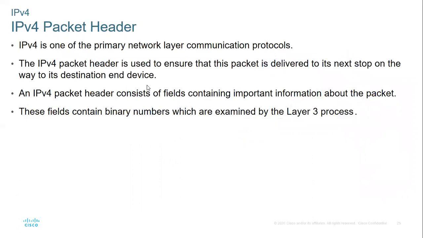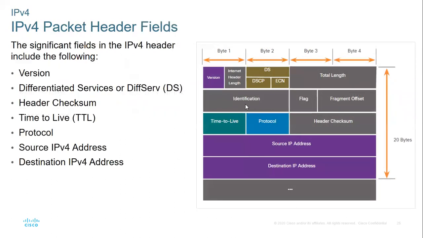So now the IP has the IP header. This is one of the primary network layer communication protocols. The header is used to ensure that this packet is delivered to its next stop on its way to its destination. Now, we are going to see these components which the IP header has.